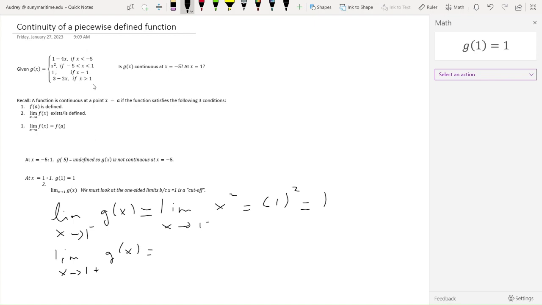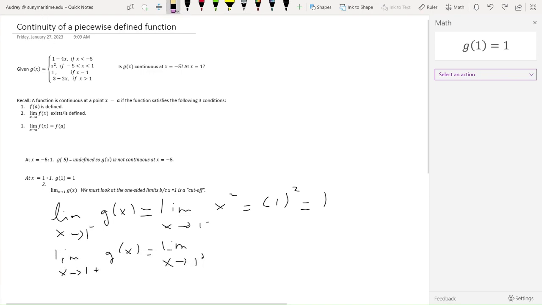It depends on the interval you are working with. And because here you're looking at from the right, that means you are taking x numbers that are slightly bigger than 1. So that means you are working on the last interval. So the expression for g of x is going to be the last one, which is the linear function 3 minus 2x.